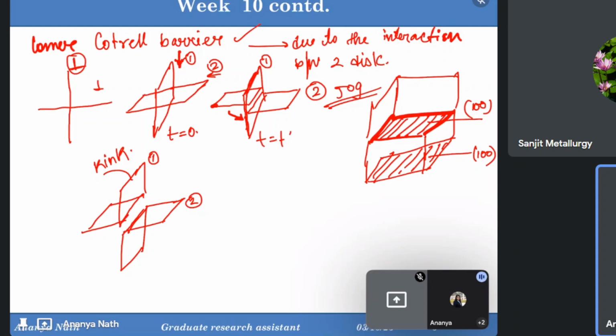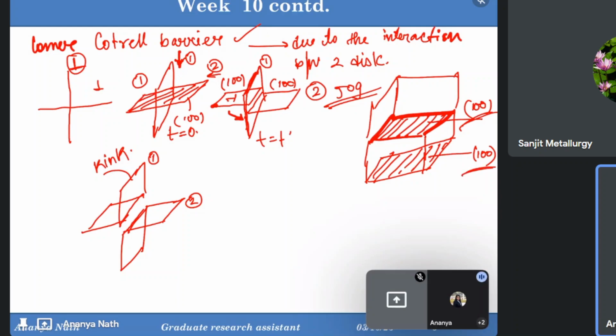This was one plane, this dislocation was moving in this plane. Suppose it's the 100 plane. Now this dislocation has broken down into two pieces. One part is still in the 100 plane, this one, and another one is in another 100 plane, which is this one.